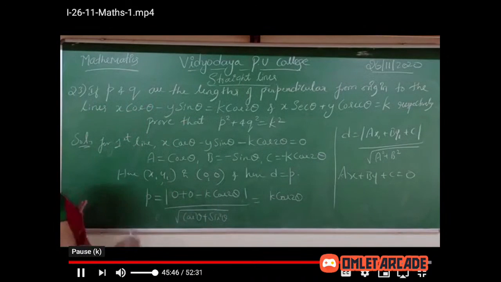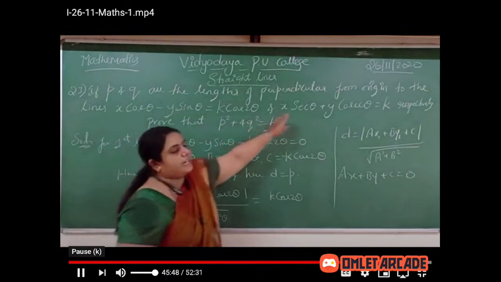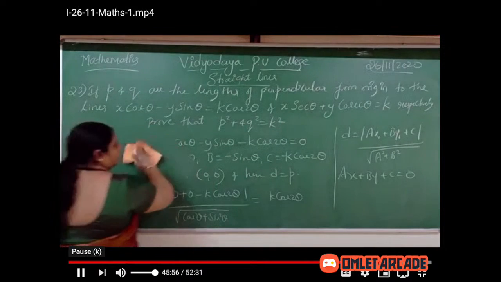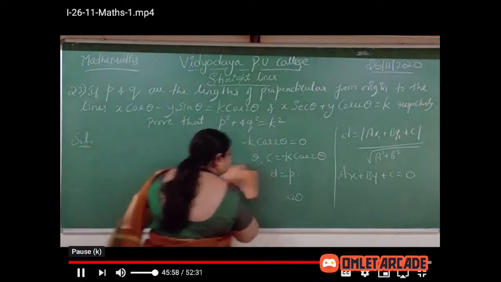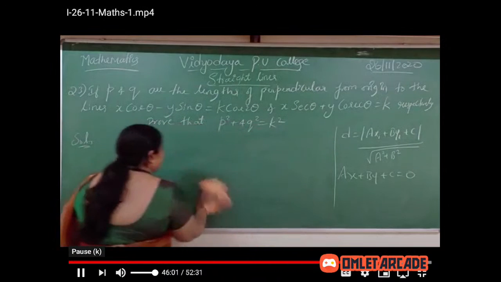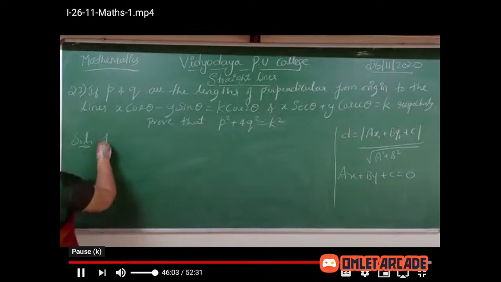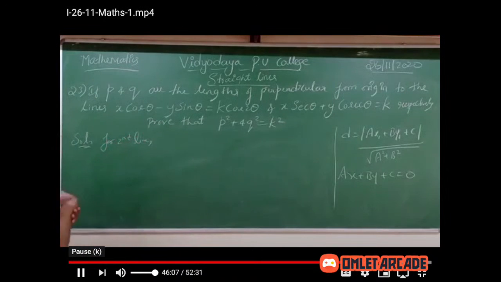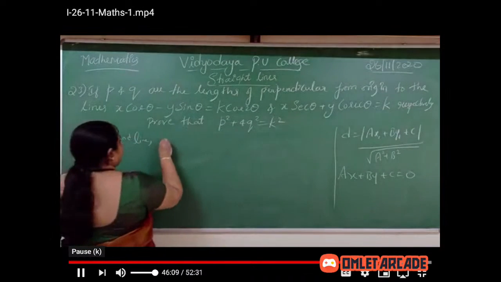Similarly, let me find the value of q from the second line, okay? Pause the video and note down this. Now let me take the second line. What is the line, students?